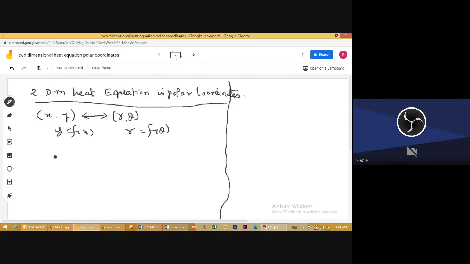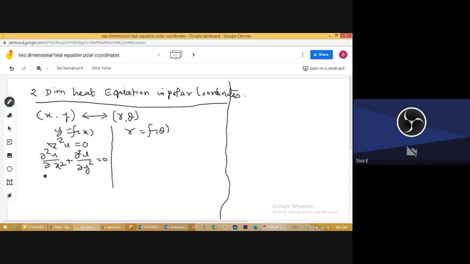So here, what is the Cartesian coordinates equation for the two-dimensional heat equation? It is del square u equal to 0. That means dou square u by dou x square plus dou square u by dou y square equal to 0.